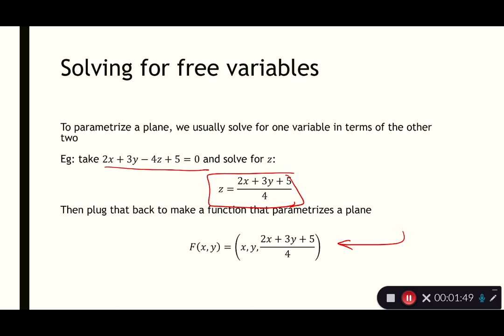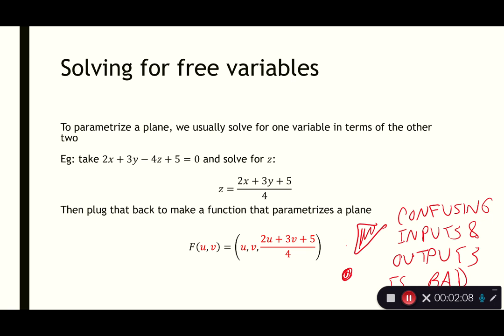We get a function that takes in two variables, x and y, and gives us back three variables, x, y, and z, giving us a way to find every single point on the plane by plugging in different values of x and y, like so. Now, there are some disadvantages to writing it that way, and I'm going to try to be a little bit careful when we do that in this course.